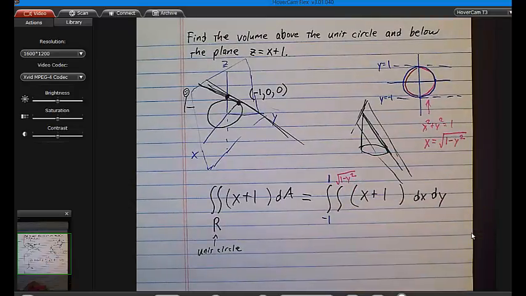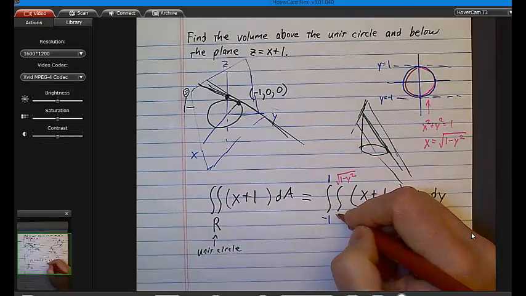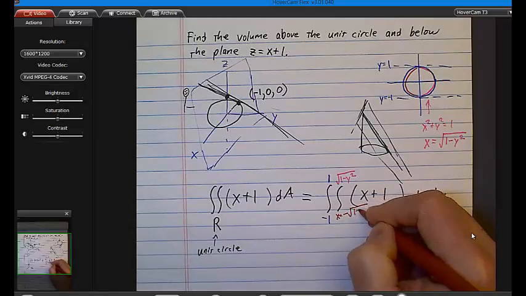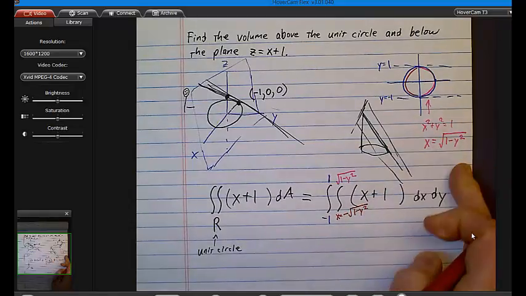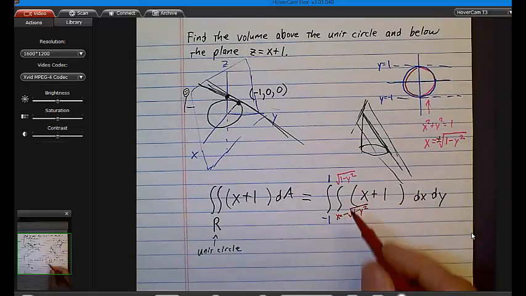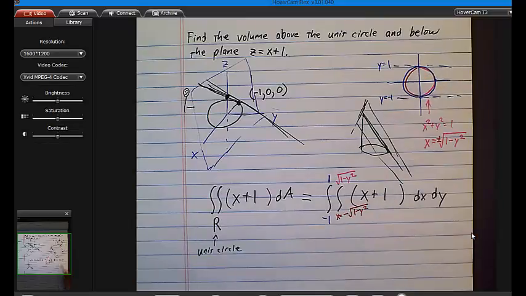And the lower limit would be x equals negative the square root of 1 minus y squared, right? Because when you solve for x, you're supposed to put a plus or minus, and that gives you these two curves. So in theory, all I have to do is that, and I can then get the volume.